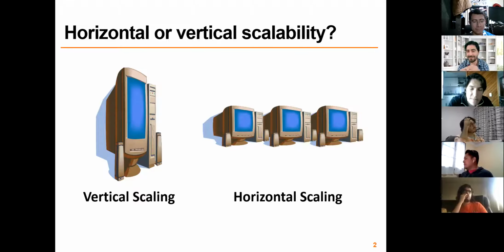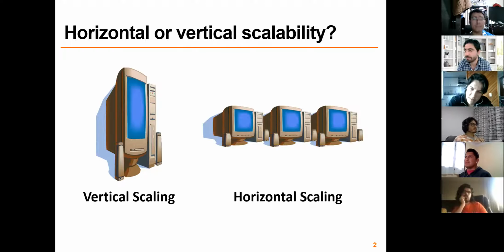Can anyone say the difference, or what does vertical scaling mean? Or horizontal scaling? Or just describe the picture that you're seeing, because it has the meaning, somehow. Vertical scaling would mean that you want to add more resources to a single computer, right?